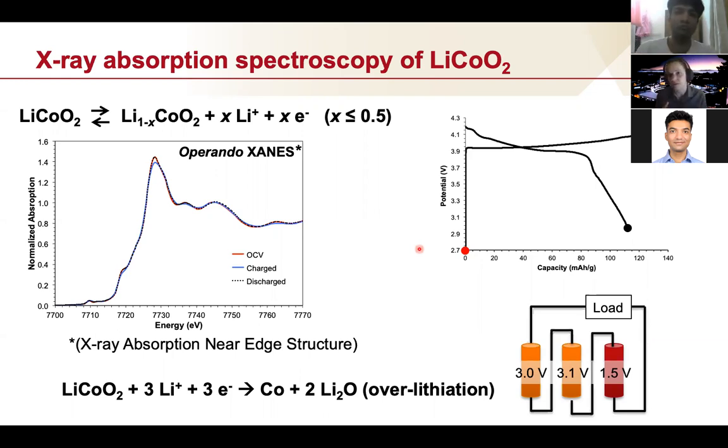And oftentimes, those fires and accidents and things like that are just because of one battery not behaving like the rest of the batteries. So over-lithiation occurs in lithium cobalt oxide, and you can put in up to 3 lithium atoms, and you should form cobalt metal and Li2O. So we wanted to explore that with X-ray spectroscopy and then combine it with microscopy.